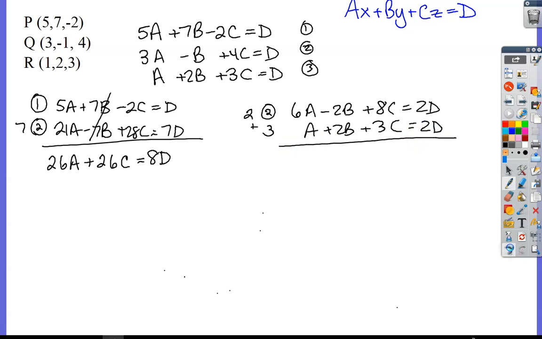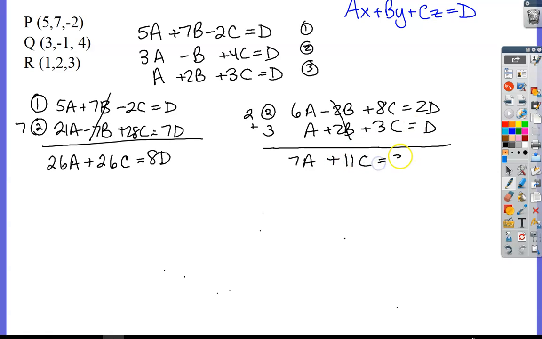Oops, I'm sorry, see, I almost made a mistake. That last one should just be d. Be very careful. All right, so then we get 7a, the b's cancel, that was the whole point, 11c and 3d. So these are our 2 new equations that just have a's and c's. If you want to call them 4 and 5 for reference, there you go.